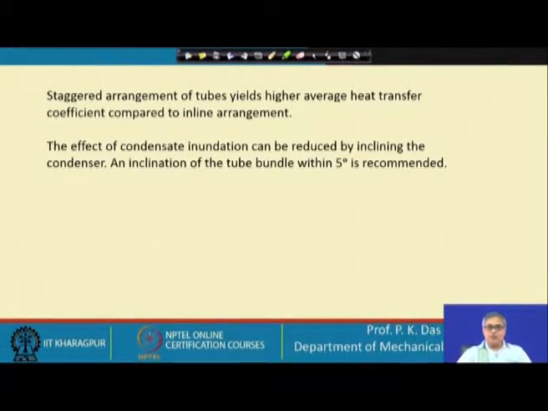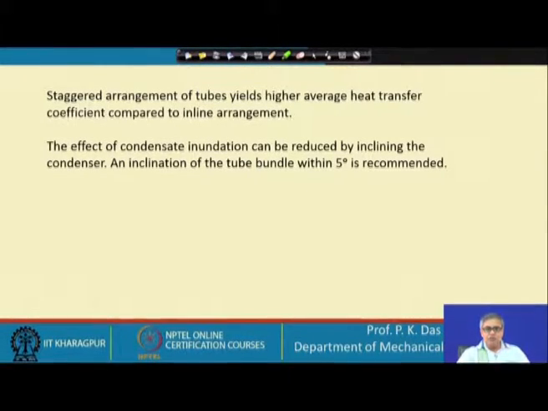One way, of course, is to have a staggered arrangement to reduce this effect to some extent, but if we want a higher reduction, what can we do? We have thought of a horizontal layout of the tube bundle. We can go for laying out the tube bundle in a slightly inclined way. In that way it will help film drainage because the gravity force is there.